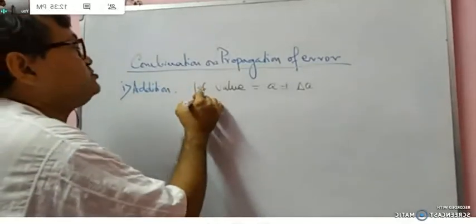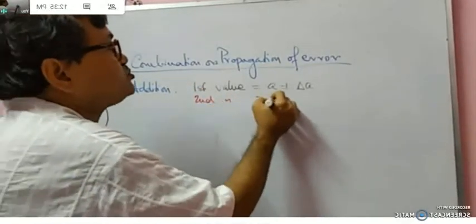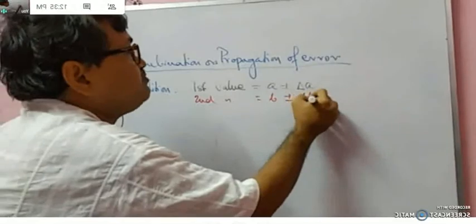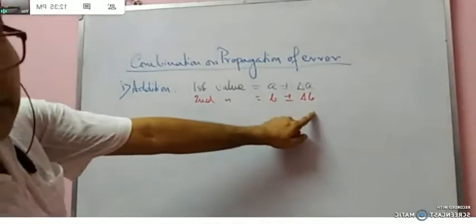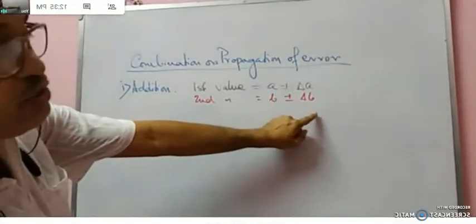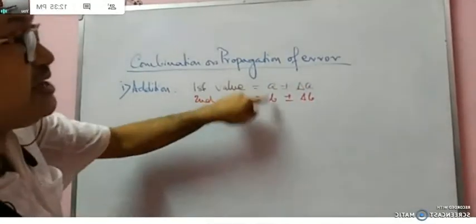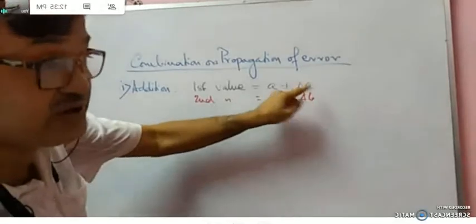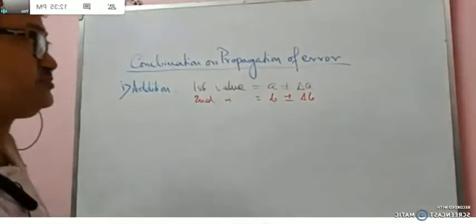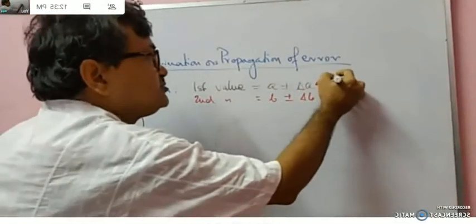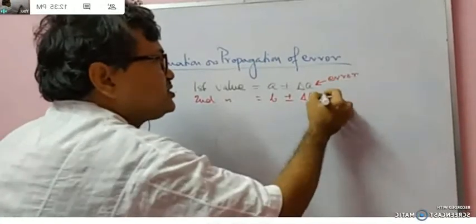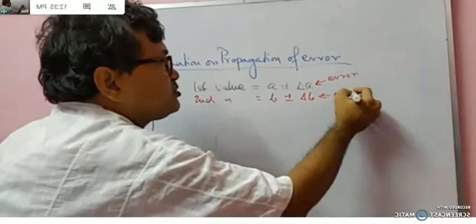And the second value is suppose B plus minus delta B. That is the average value or absolute error. So delta A and delta B are the absolute errors, and A and B are the average values. This one is the error for A, and this one is the error for B.